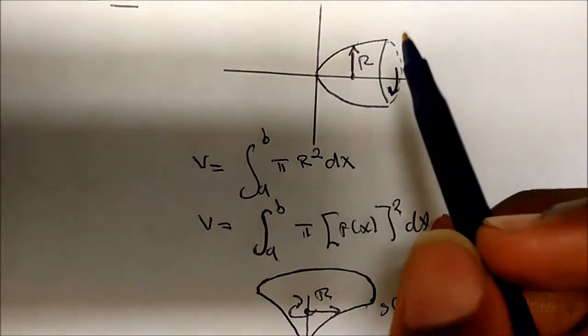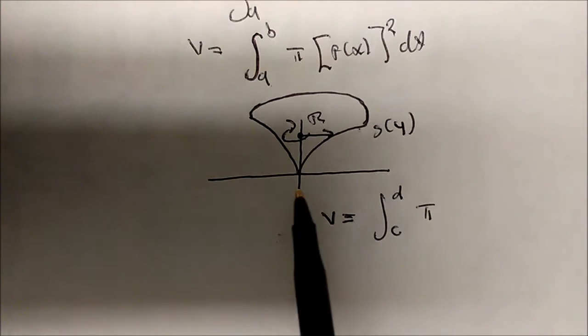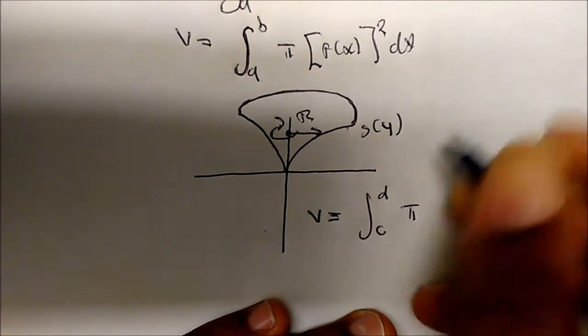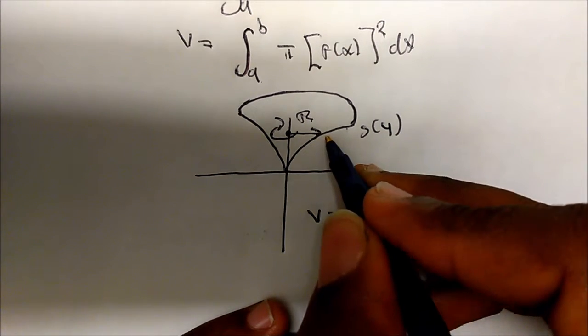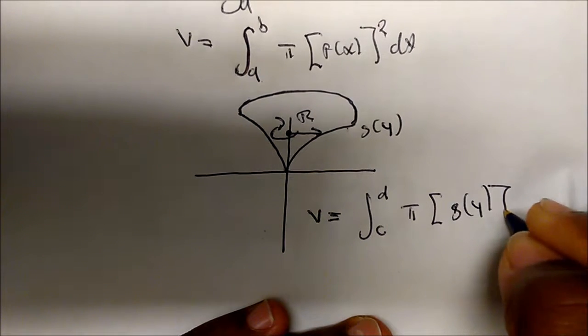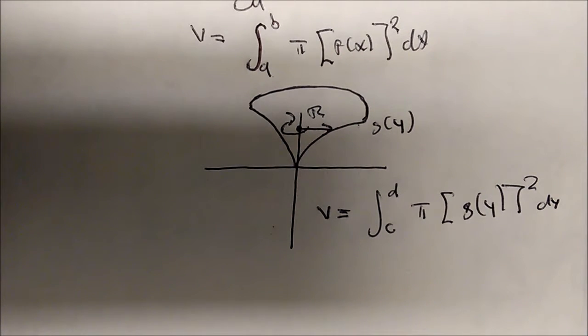I'm just integrating around different axes. I could integrate with respect to x, or I could integrate with respect to y. So what's my r? It's g of y. So this is the integral of pi g of y squared dy. Those are my integration formulas that I should remember for volumes of slicing using the disk method.